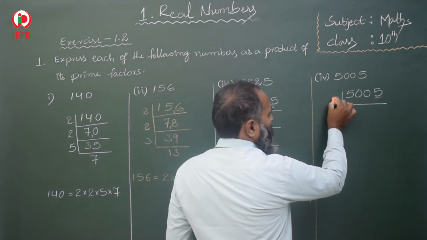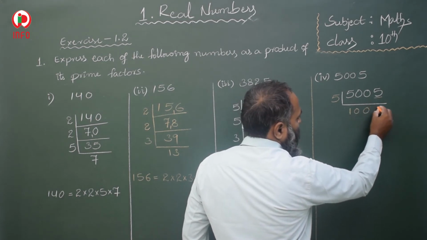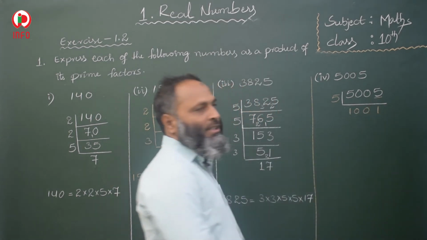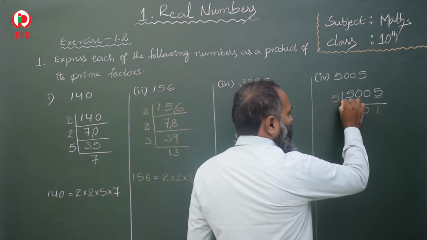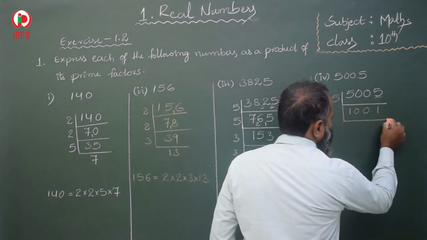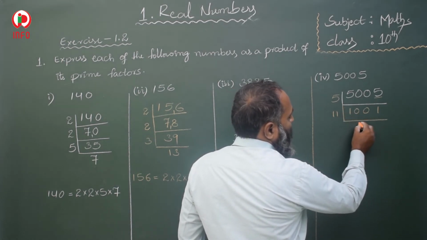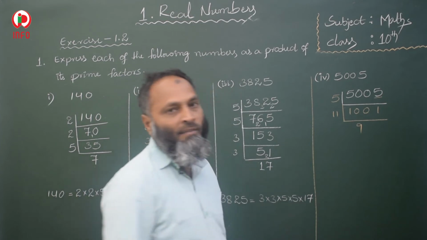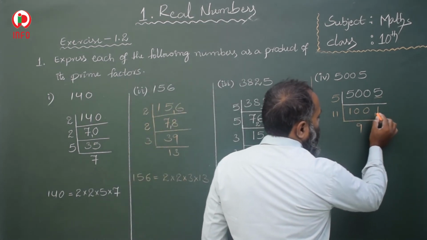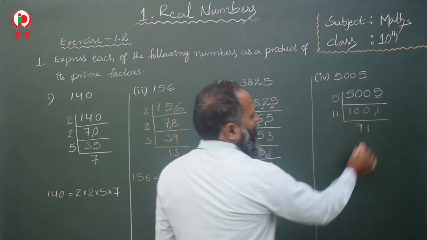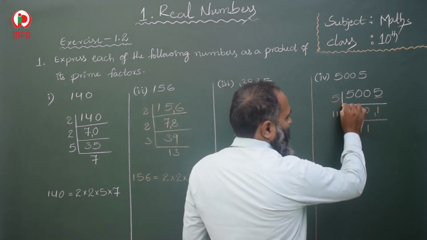Take 5. 5 ones are 5. 0, again 0 same. 5 ones are 5. 1001. 1001 is divisible by 11. Now you take 11. 11 nines are 99. 1 left. 11 ones are 11. So now this 91.